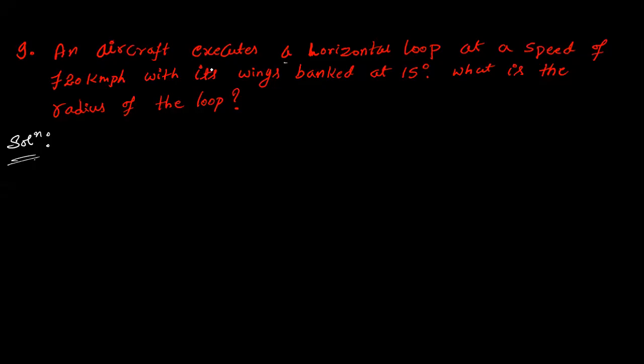This is the problem. An aircraft executes a horizontal loop at a speed of 720 km per hour with its wings banked at 15 degree. What is the radius of the loop? So the velocity is 720 kilometer per hour.